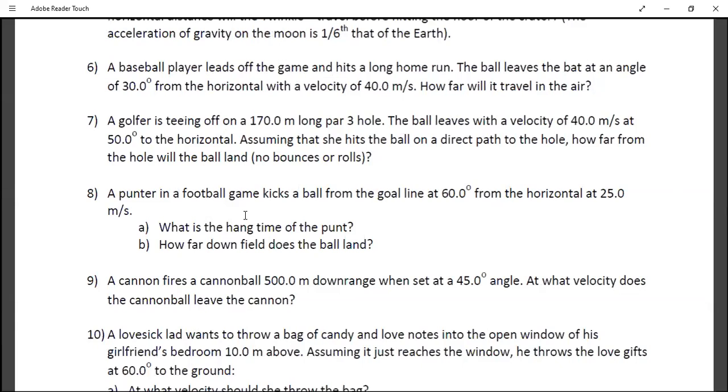Yeah, for the seventh one. Yeah, Anurag, it's correct. So the answer for the sixth one is 138.4 meter. The sixth question answer is 138.4 meter.